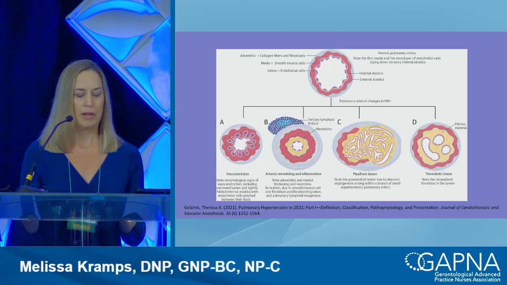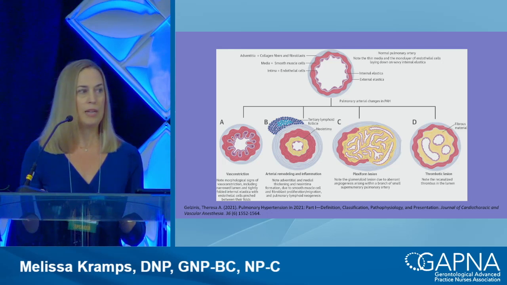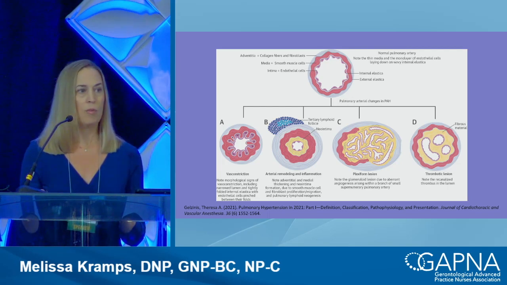Illustration A depicts vasoconstriction, meaning the vessels are tightening. Illustration B, cell proliferation, meaning the cells on the inside of the blood vessels are multiplying. And C, the formation of plexiform lesions. These cause the vessels to become thicker and stiffer.